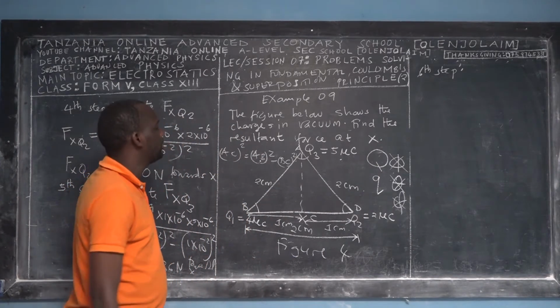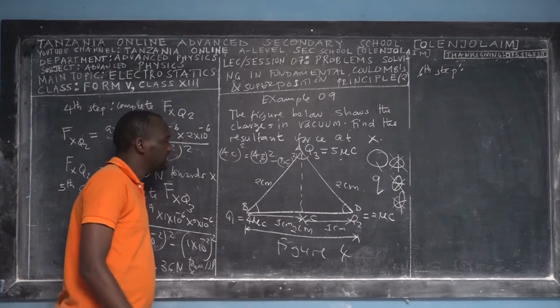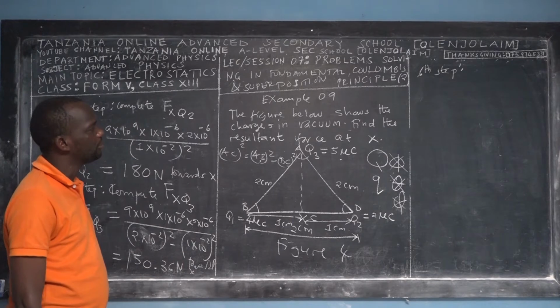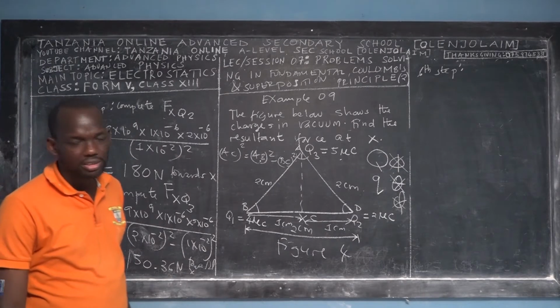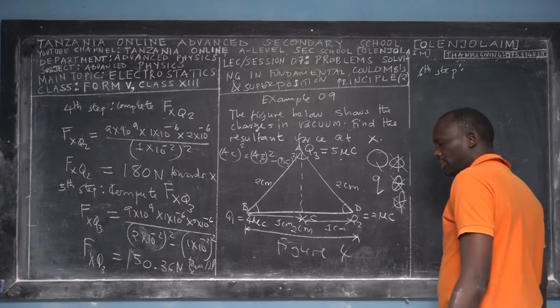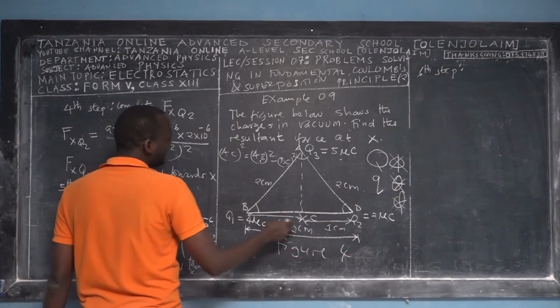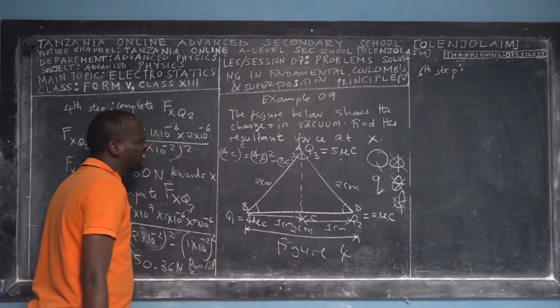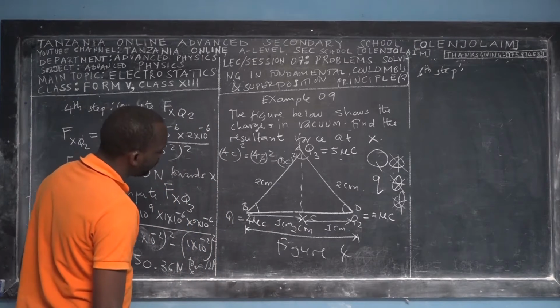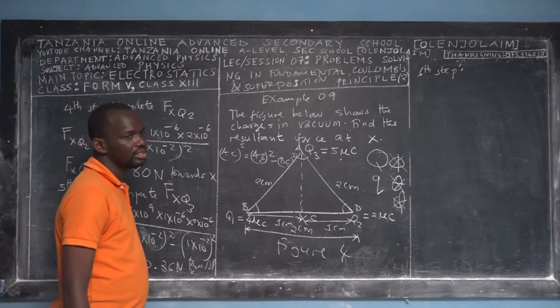Because this charge is perpendicular, its computation will be simple. Are we together or should I repeat? Let me repeat. I say QX will be pushed by these charges Q1, Q2, Q3. Right? How?